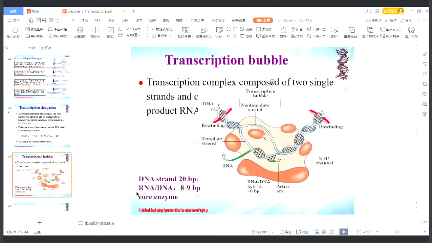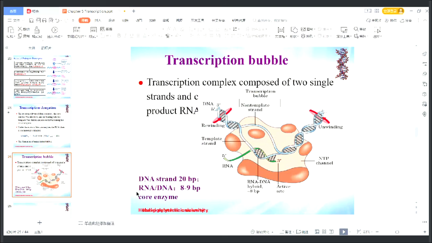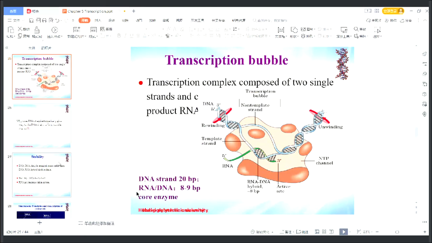It contains the DNA strand, you can see 20 base pairs, the RNA-DNA hybrid strand, which is 8 to 2 base pairs, and another component, the core enzyme, one by one elongating the RNA strand.